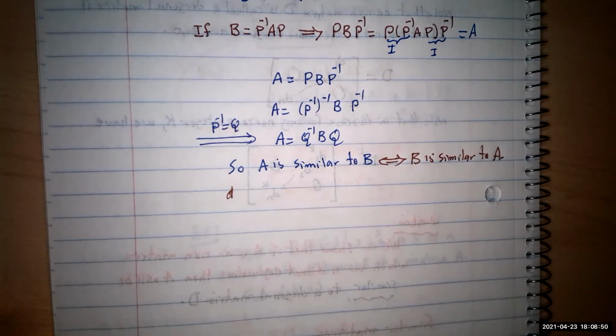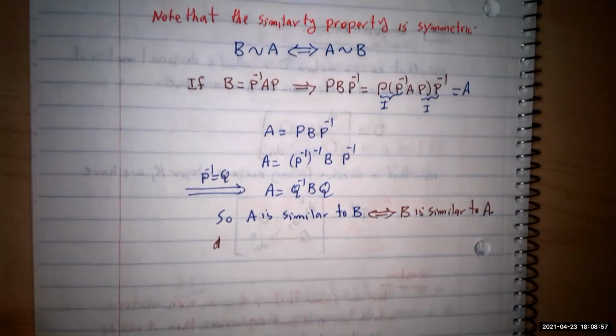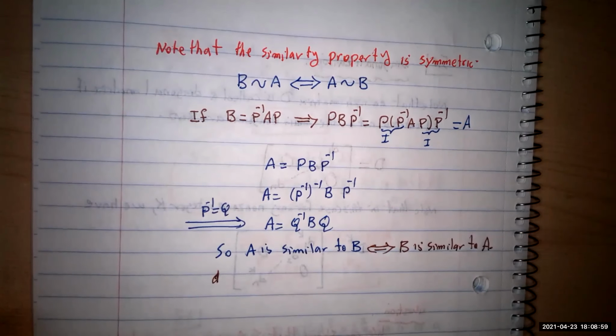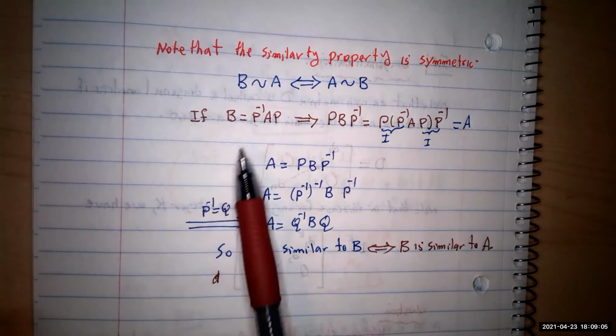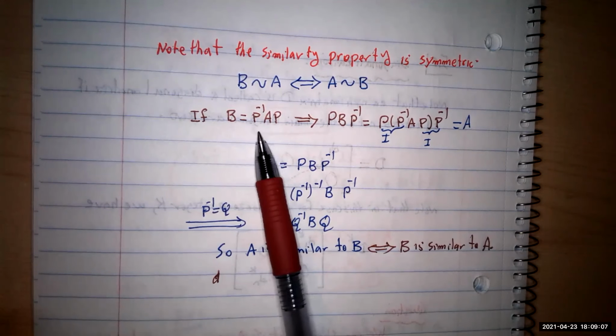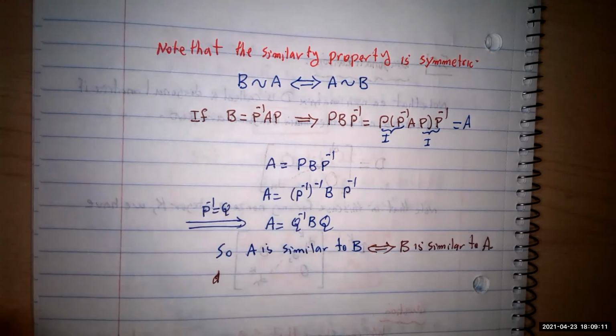There are again some problems in your book related to this property. If you remember at the beginning of the course, I think quiz one, I talked about the determinant of this. If you want to find the determinant of P inverse AP, the determinant was the same as the determinant of A. This type of property we did before, and we are going to find it useful.